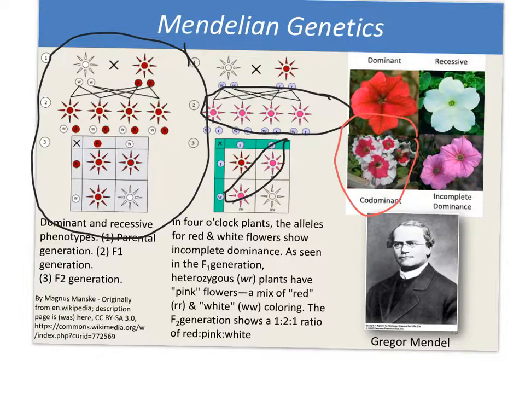Okay? So that's codominance. Incomplete dominance is where it's something in the middle, in between, whether it's color or whatever it is. And then codominance, you have both.